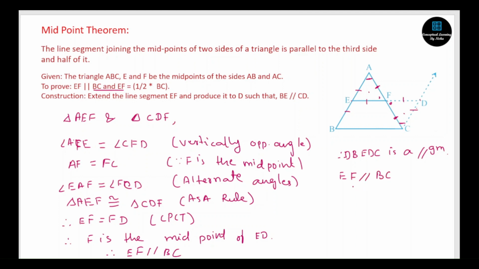Also, because of the parallelogram, BC equals ED. Therefore, yes, we have proved it. EF is half of BC. So result 1 is proved here and the 2. So the midpoint theorem is proved, right?